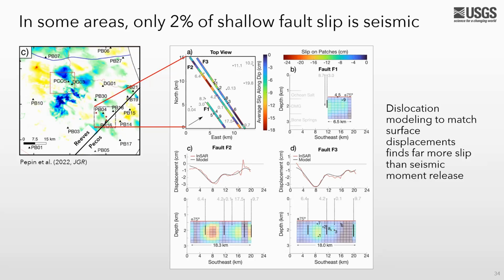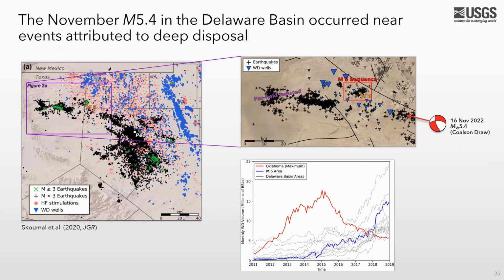And so the idea is that in this case, for example, they think about 98% of the offset is happening aseismically, and only 2% of that can be explained by the total moment release from the earthquakes that have been recorded here. So it's very interesting. It's probably because there's clay in these faults, or perhaps because they're a little steeper than you might expect for dip-wise. But it's a good thing. There's less seismicity than there is deformation.